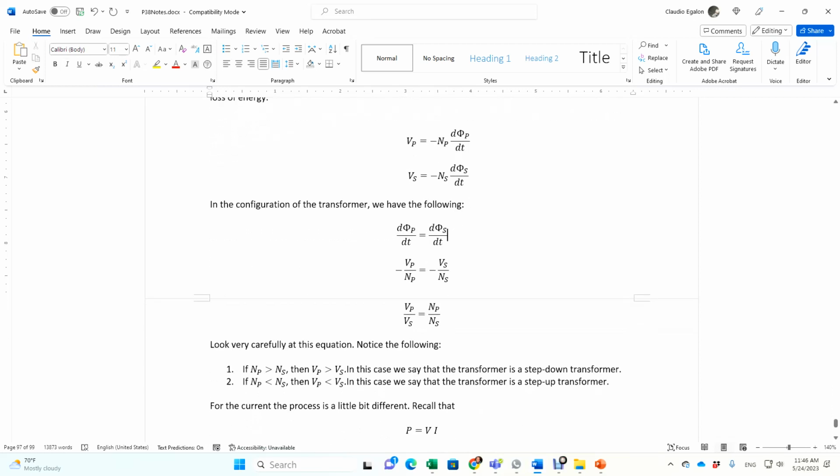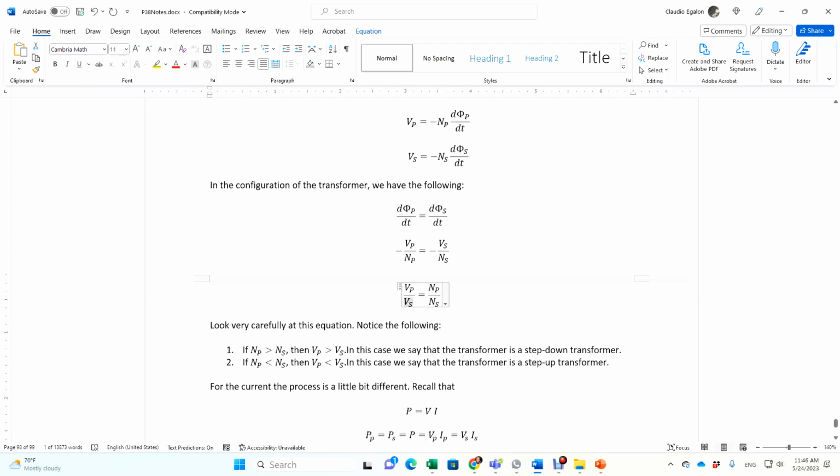So look what happens. Now this negative sign cancels out and we have this relation here. Depending on the number of turns of the primary circuit with respect to the number of turns of the secondary circuit, we can come up with different induced voltages in the secondary circuit, okay?